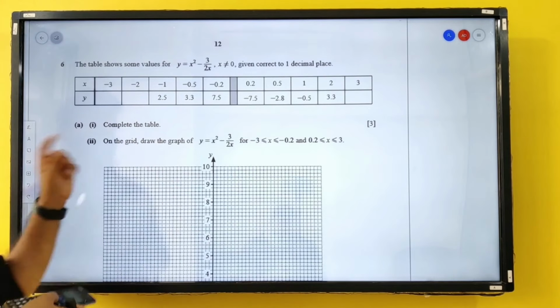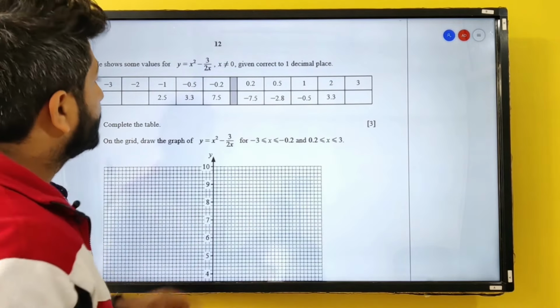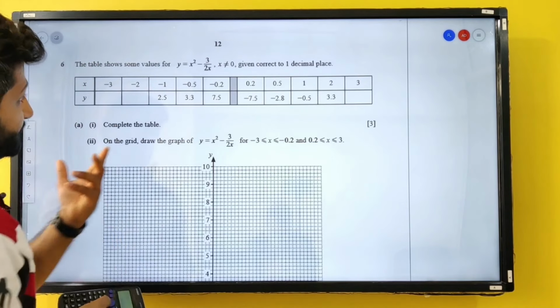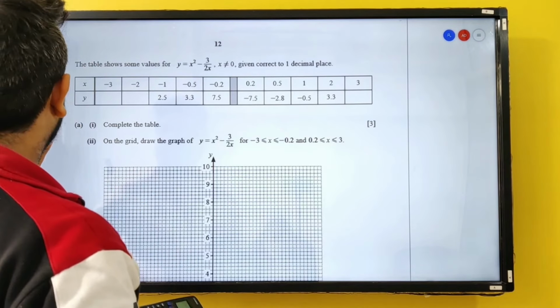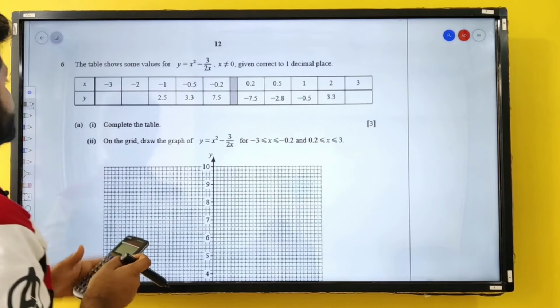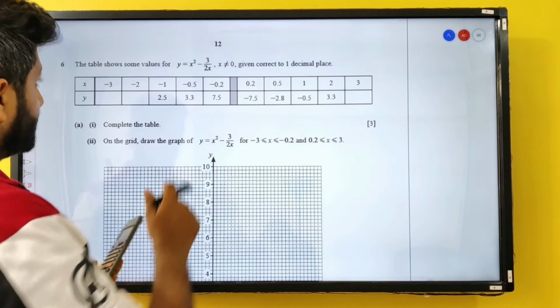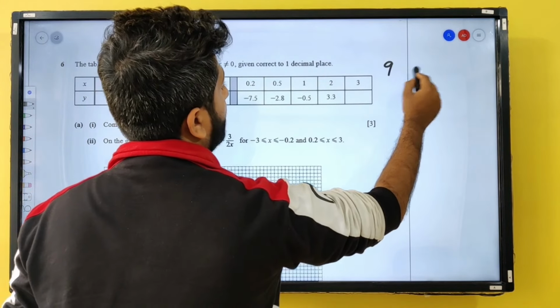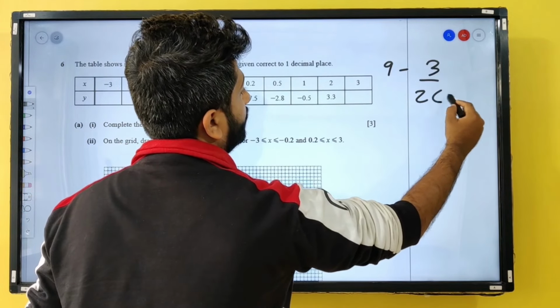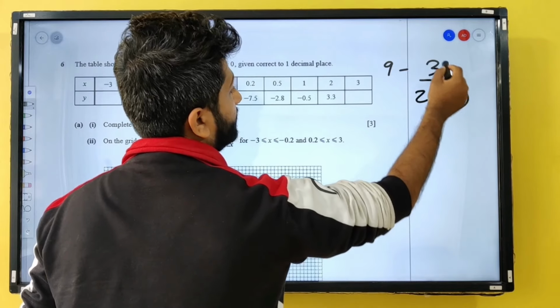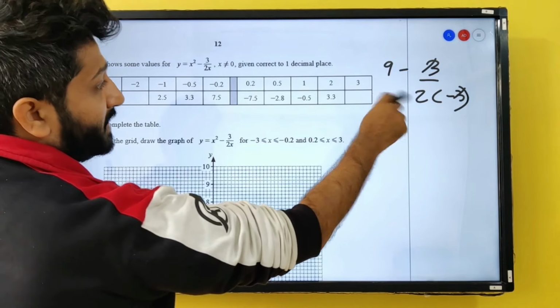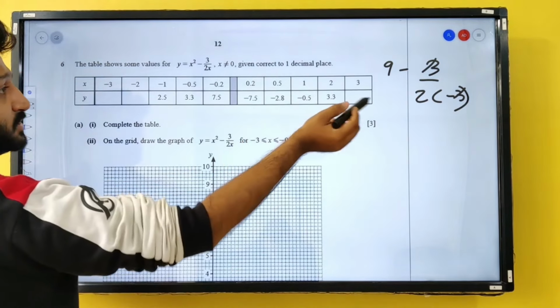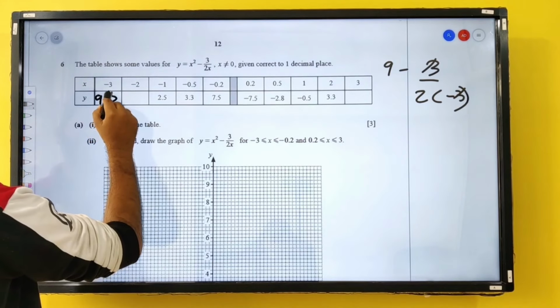The table shows some values for y equals so and so, given correct to one decimal place. Find the values. So when my x is minus 3, minus 3 square is 9, minus 3 upon 2 into minus 3. Minus 3 cancel. 8 plus 1 by 2, 8 plus 0.5, 9.5.